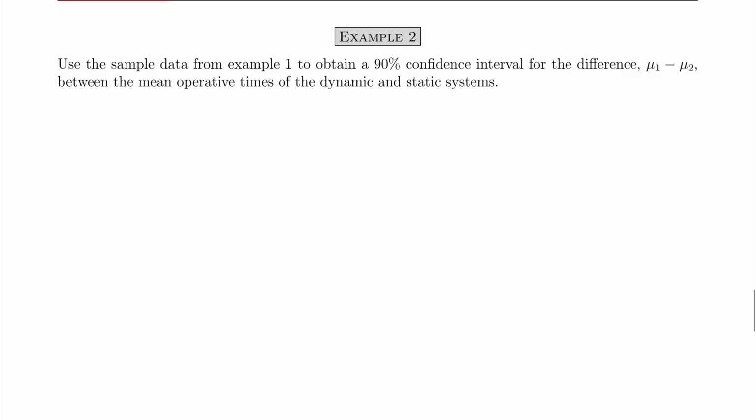We're finding a 90% confidence interval. So with a 90% confidence interval, we have alpha equal to 0.10. So what we have to do as far as the confidence interval goes is compute T sub alpha over 2. It would be T sub 0.10 over 2, which is T sub 0.05.